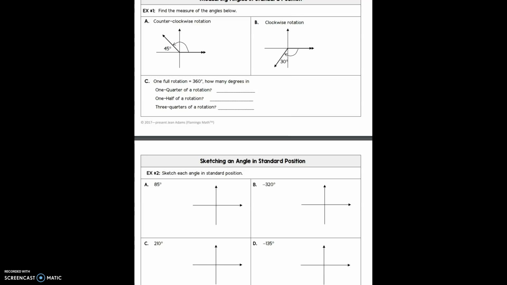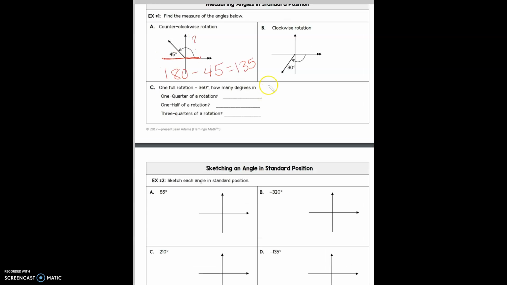Okay, so if we have 180 degrees for this line right here, how do we find what our angle is right there? Well, this piece right here is 45. This angle is 45. A straight line is 180. Well, hopefully you're telling yourself, hey, I just have to subtract. So when you do that, you get 135.